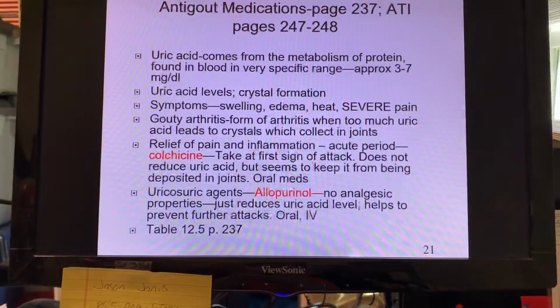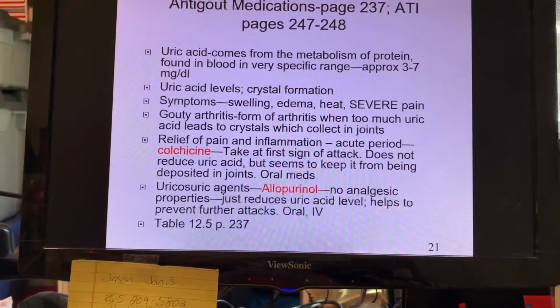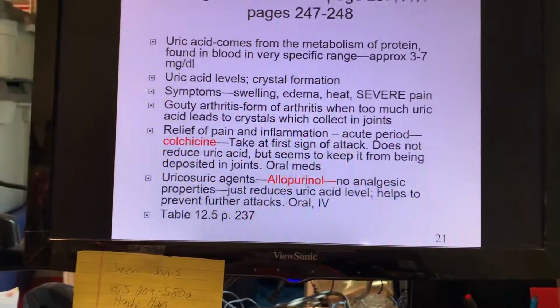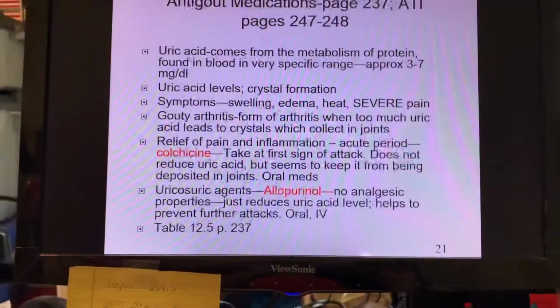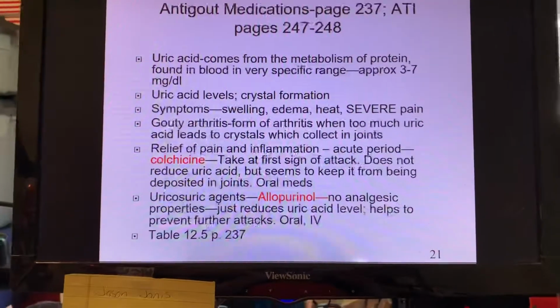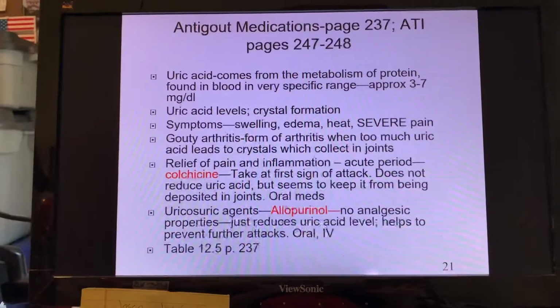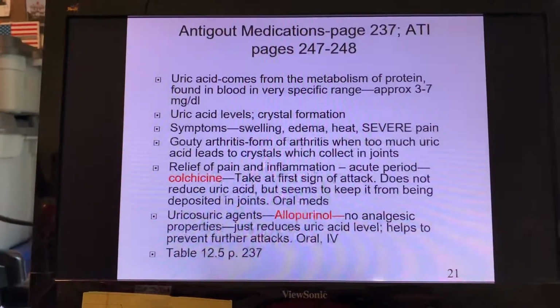Now, colchicine is a drug that does not prevent uric acid from being collected in the bloodstream. It does prevent it from being deposited in the joints. So colchicine is going to relieve that pain in the first acute period of gout.